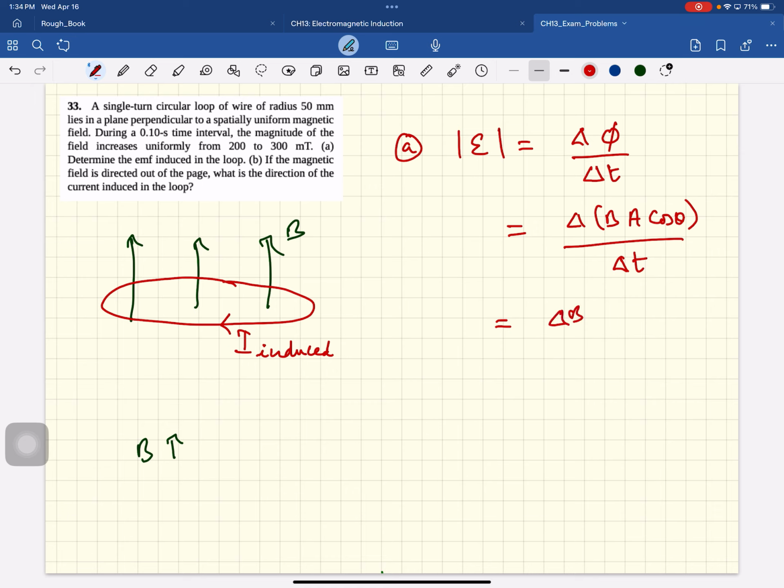It's del B by del T times area. So 100 millitesla changing in 0.1 seconds, and the area is pi r squared.